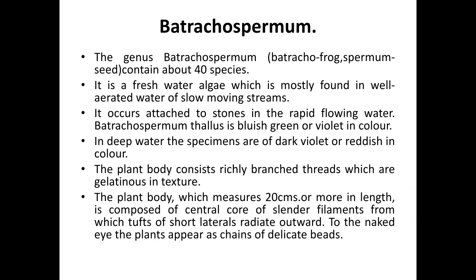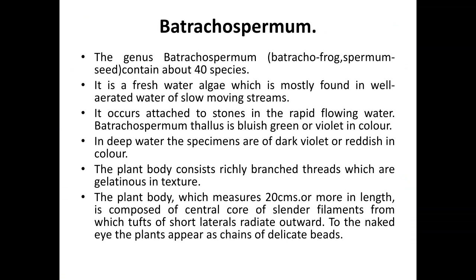It occurs attached to stones in rapidly flowing water. The thallus is bluish green or violet in color. In deep water, the specimens are dark violet or reddish in color.